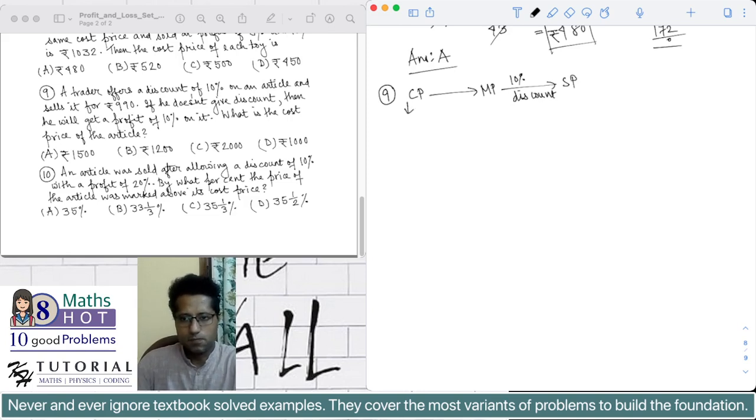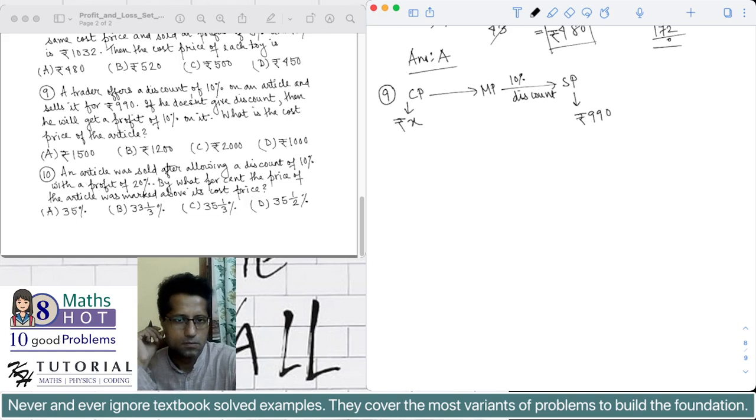Let the cost price be rupees X. Now, for the scenario when the trader is offering a discount of 10%, the selling price is given to be rupees 990. So definitely we can know the mark price. If he doesn't give discount, then he will get a profit of 10% on it.